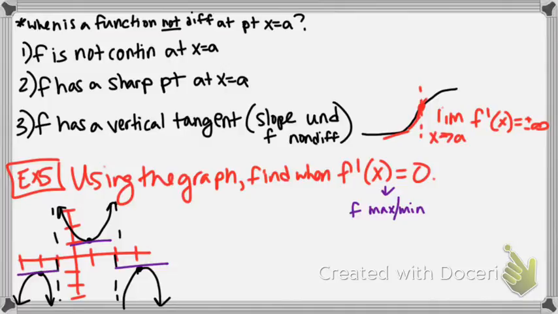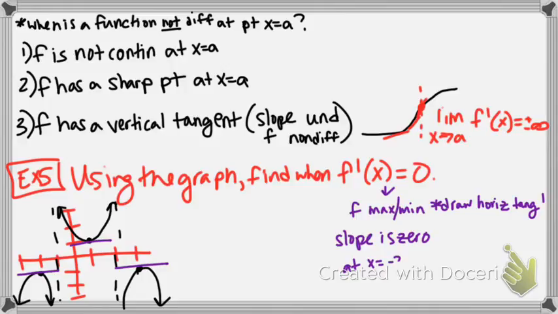Draw horizontal tangents. That's what you're looking for there. And so your slope is 0 at x equals -2, 1, and 3.